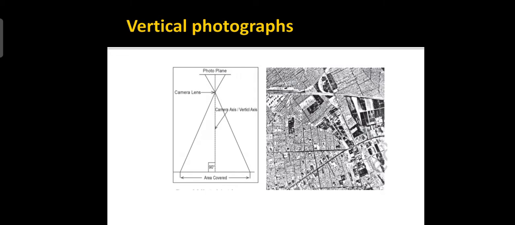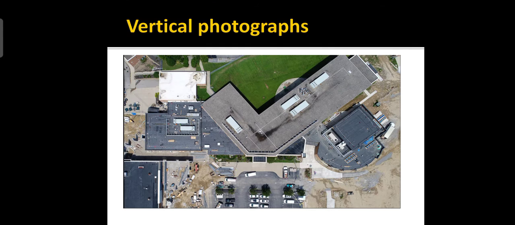When we take a photograph such that the two axes coincide, we call it a vertical photograph. We can see an example of a vertical photograph on the right side of the screen. Now this is another example of a vertical photograph. It is really taken from the vertical point.